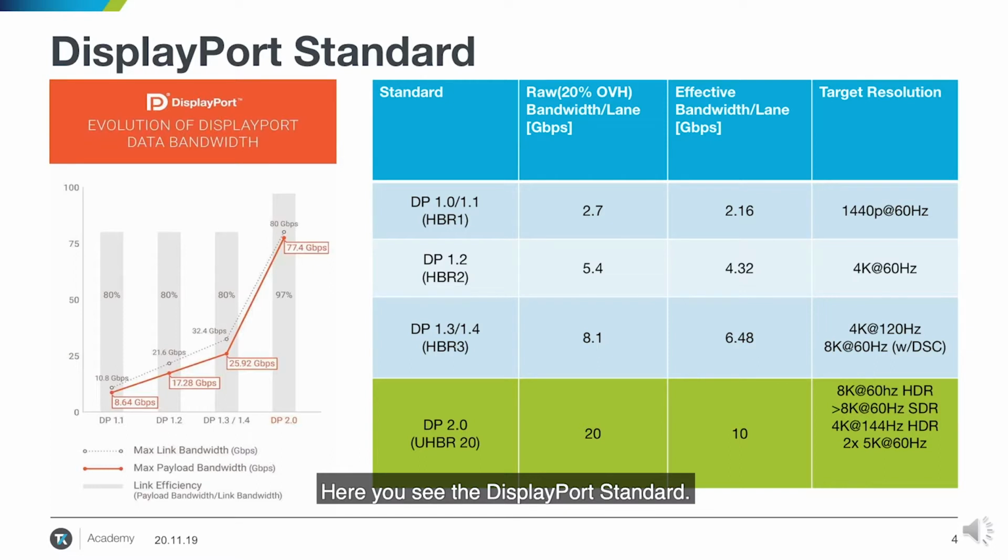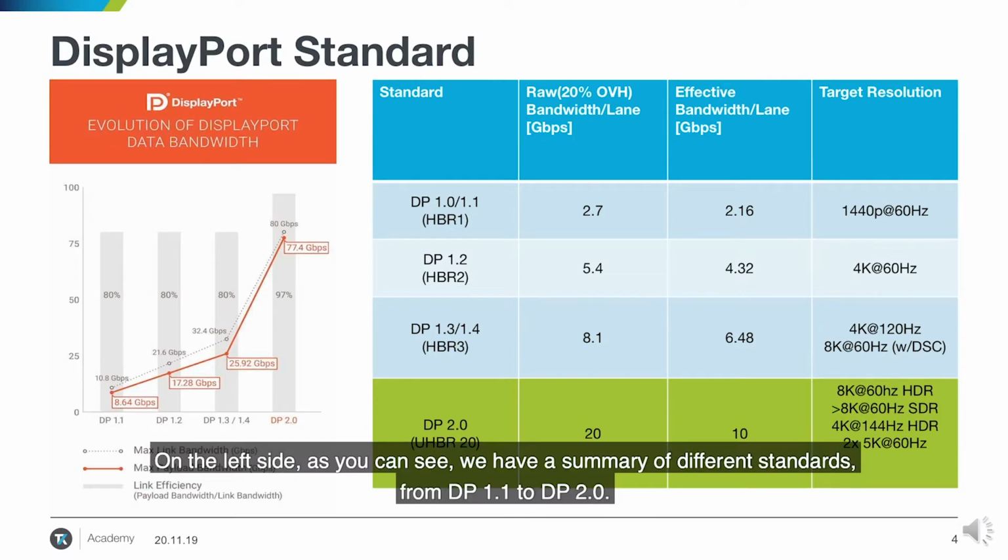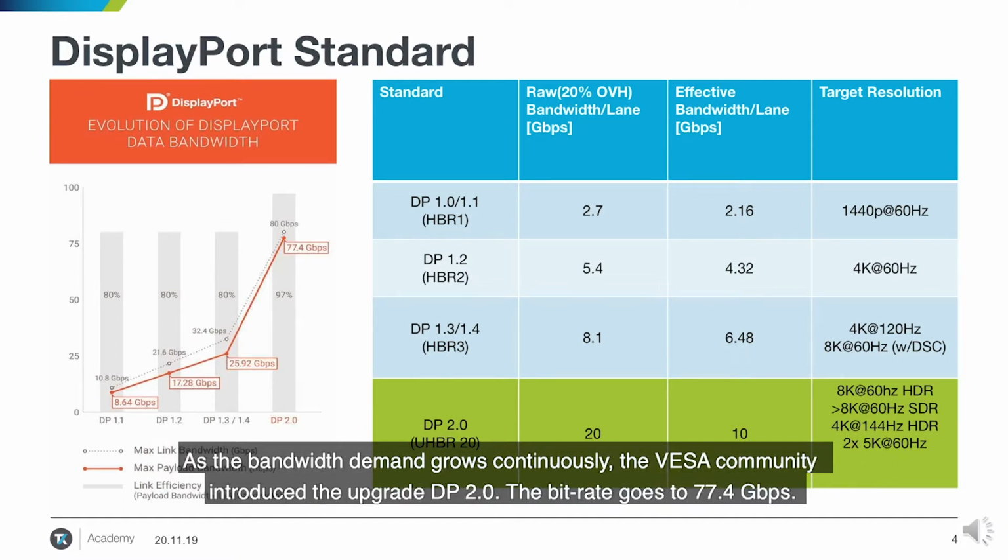Here you see the DisplayPort standard. On the left side, as you can see, we have a summary of different standards from DP 1.1 to DP 2.0. As the bandwidth demand grows continuously, the VESA community introduced the upgraded DP 2.0 version. The bitrate goes to 77.4 gigabits per second.